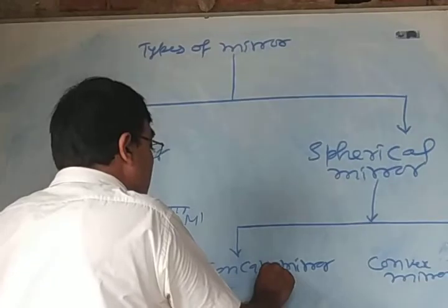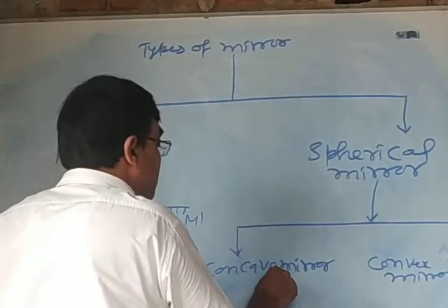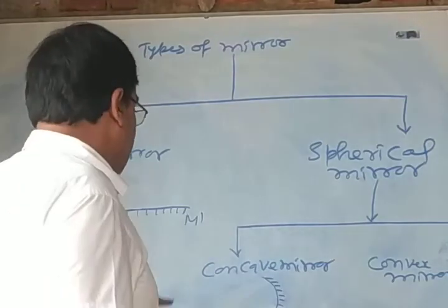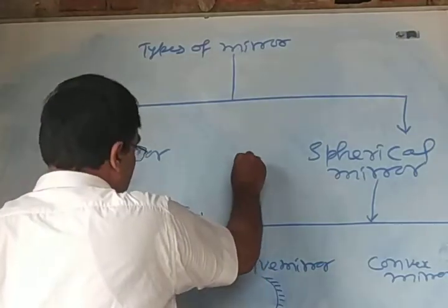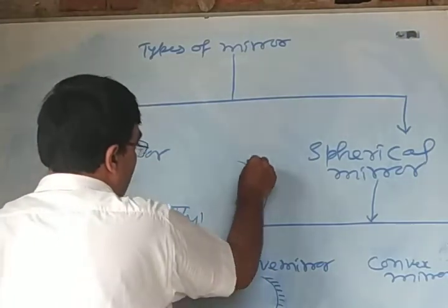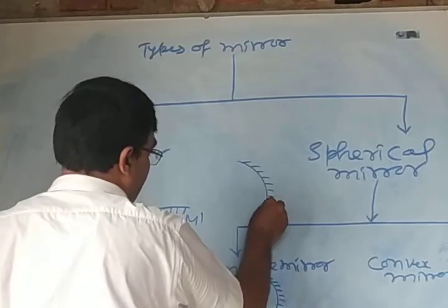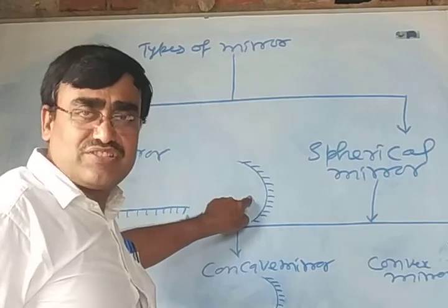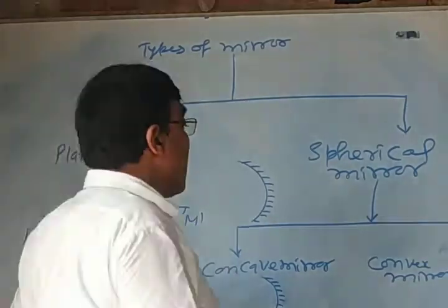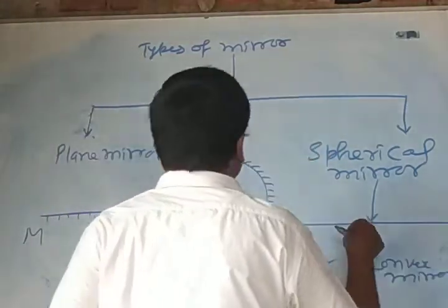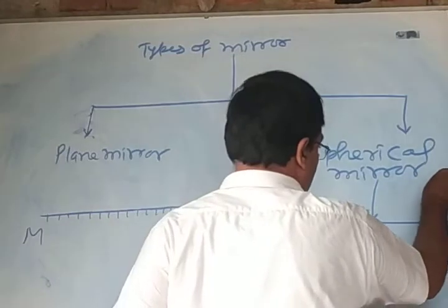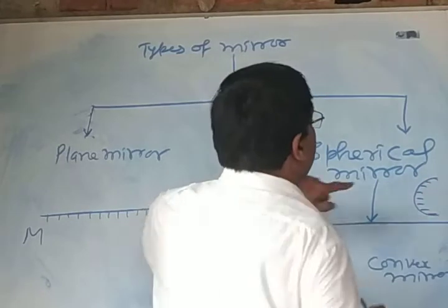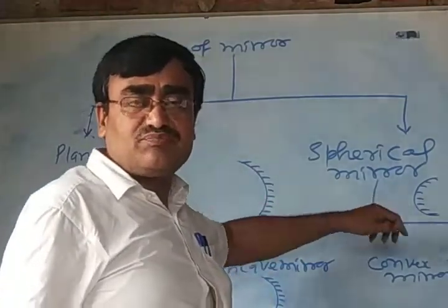This is the shape of a concave mirror; its reflecting surface is engraved. And this is the shape of a convex mirror; its reflecting surface is embossed.